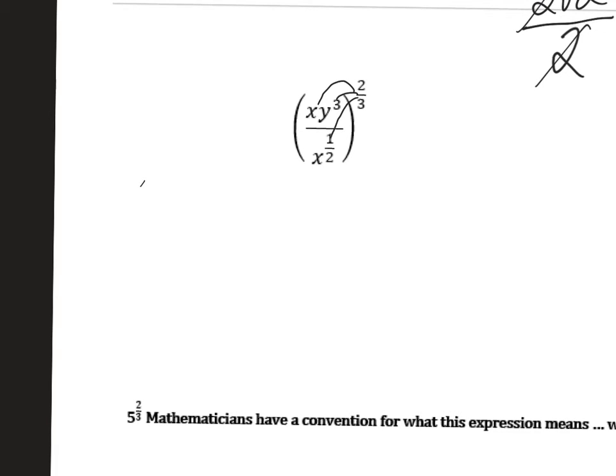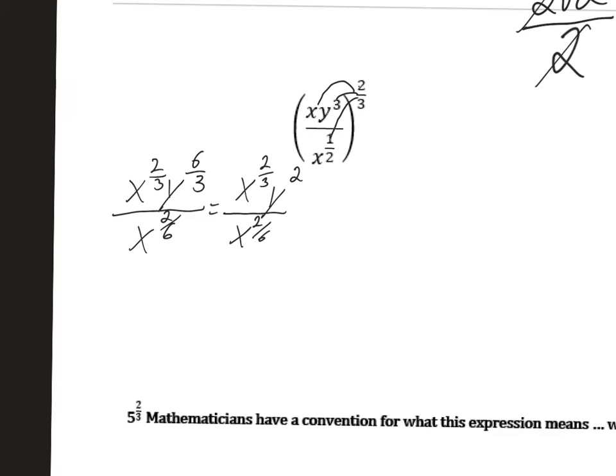So we have x to the 2/3, y to the 3 times 2 is 6 over 3, and then over x to the 1 times 2 is 2, 2 times 3 is 6. Okay, so let's go ahead and simplify this a little bit. x to the 2/3, y to the 6 divided by 3 is just 2, all over x to the 2 over 6.